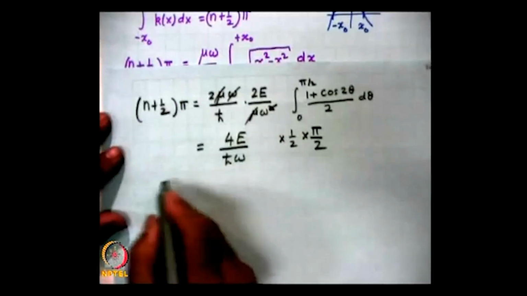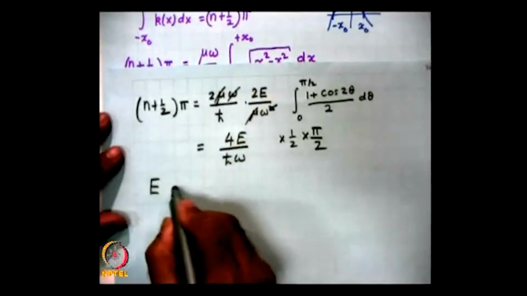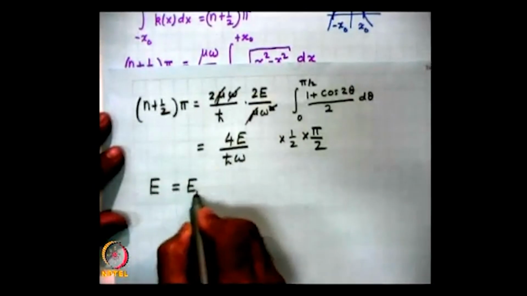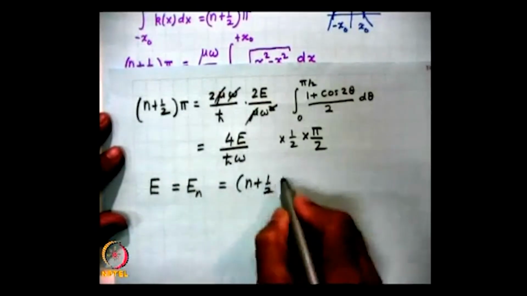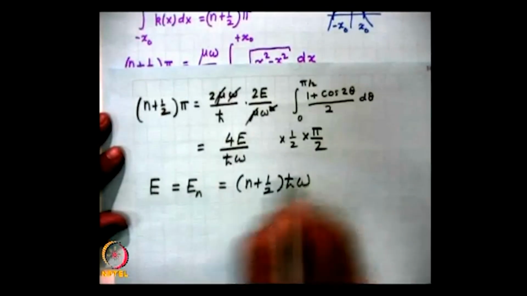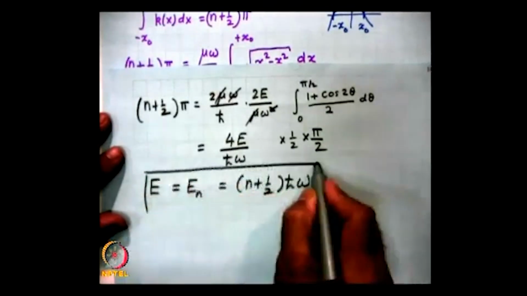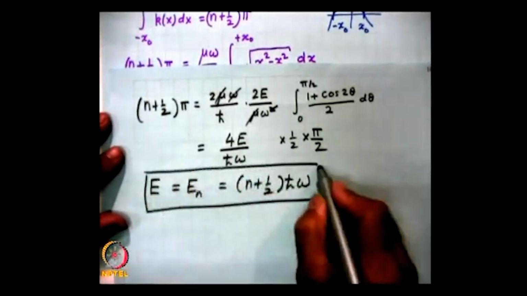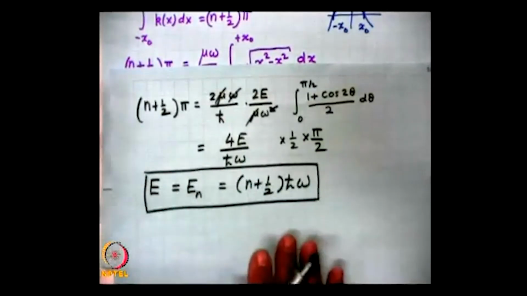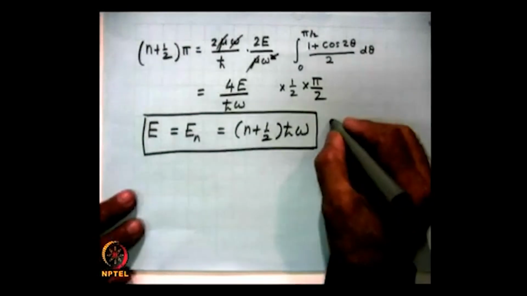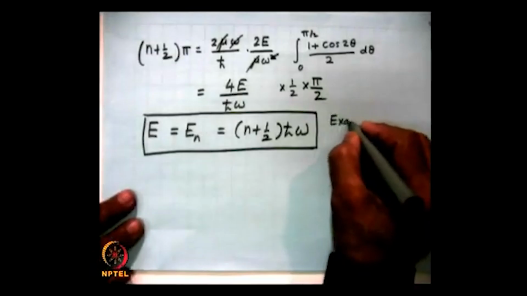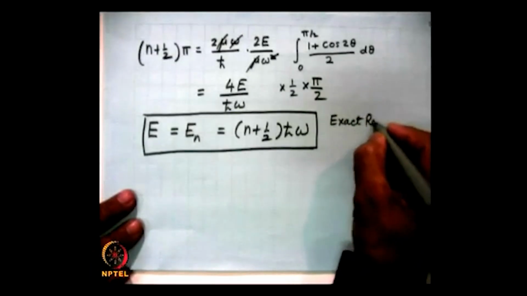So, you get the result that the energy eigenvalues for the harmonic oscillator are n plus half h cross omega. So, we get the exact result. We had derived this by using the bracket algebra and also by solving the Schrodinger equation. So, we get the exact result and this is a fortuitous exact result.